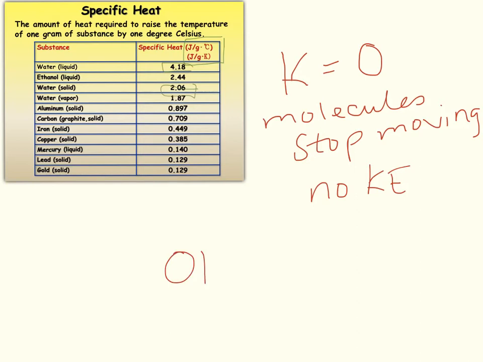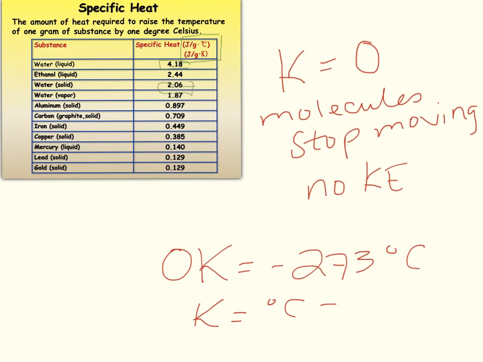0 Kelvin is equal to negative 273 degrees Celsius. Or Kelvin is equal to whatever degree Celsius you're working with plus 273.